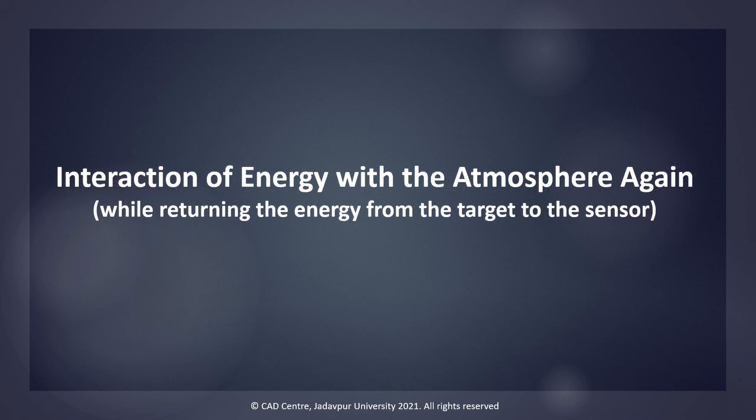Thus, atmospheric scattering, absorption, reflection, and refraction influence the radiant flux. Once again, the energy will be modified by these atmospheric interactions. However, we are not discussing these atmospheric interactions again, because we have already discussed all these interactions in the previous section.